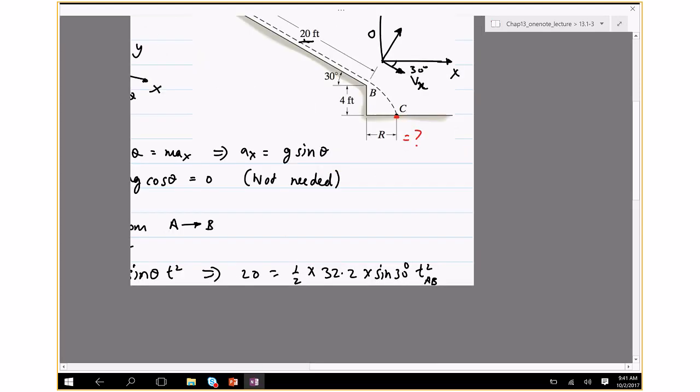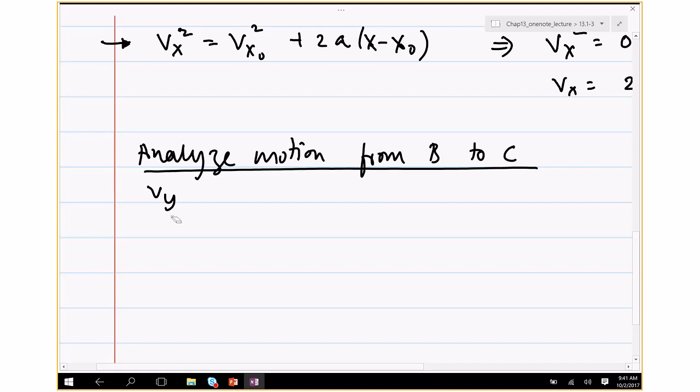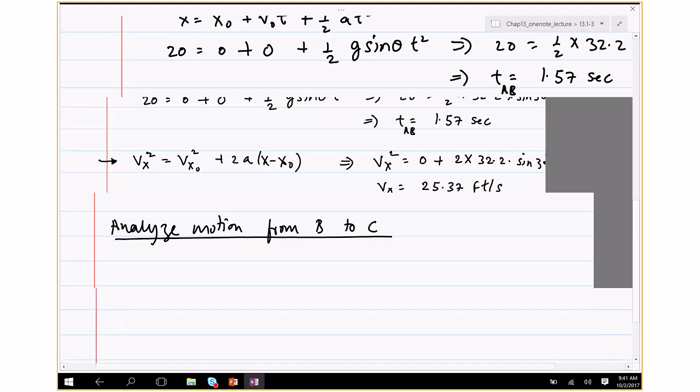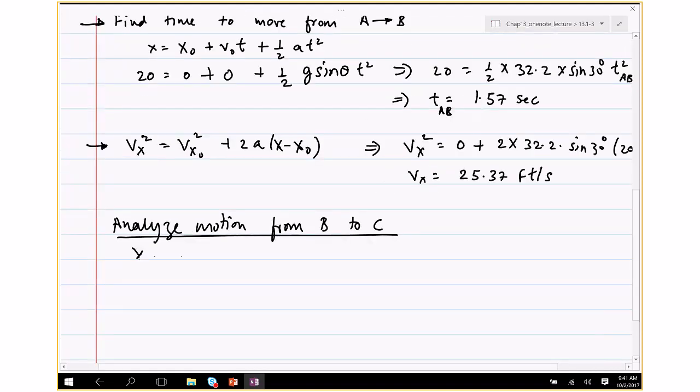So the equation I want to write is y equals y0 plus Vy0 t plus half a t squared.